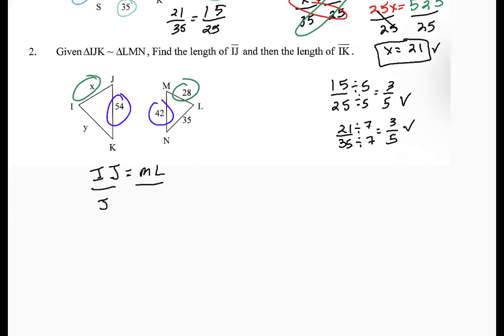I plug in my numbers, so x over JK, which is 54, equals ML, which is 28, over MN, which is 42. Do my cross products.